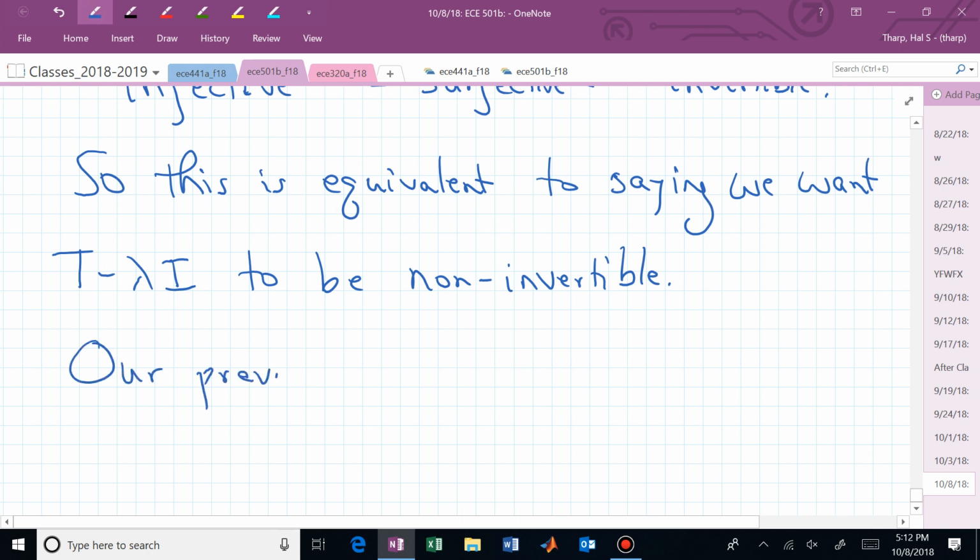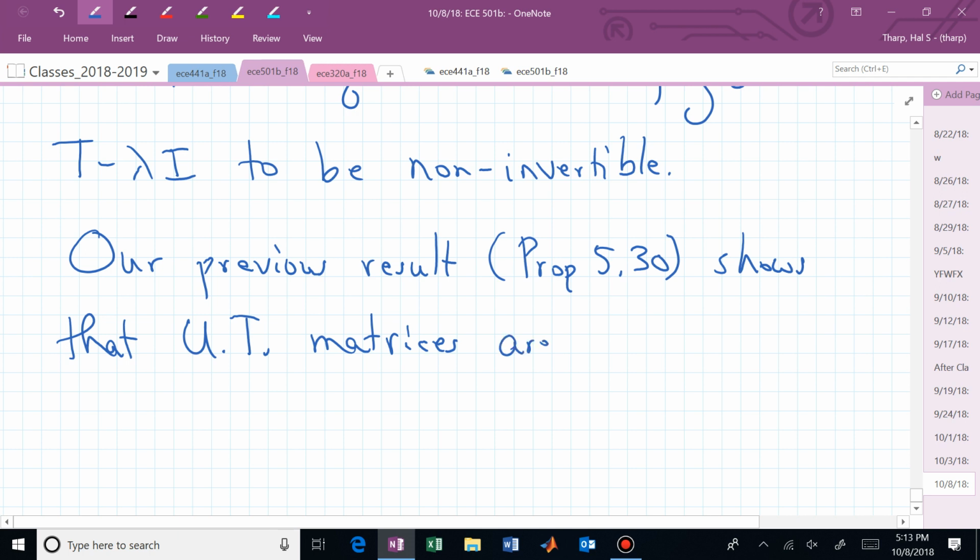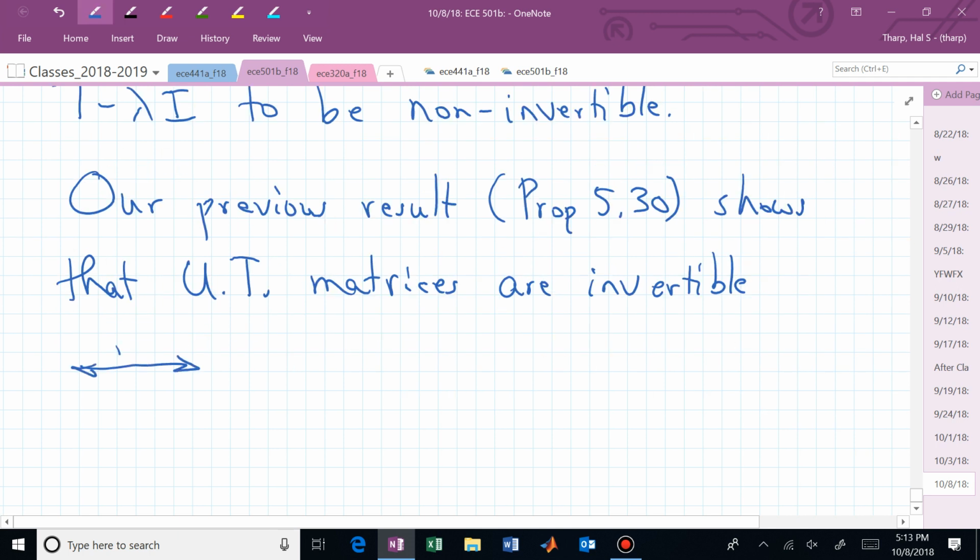And our previous result, Proposition 30 in Chapter 5, shows that upper triangular matrices are invertible if and only if, what do we need on the diagonal?